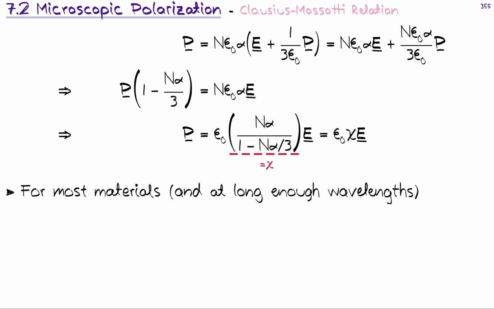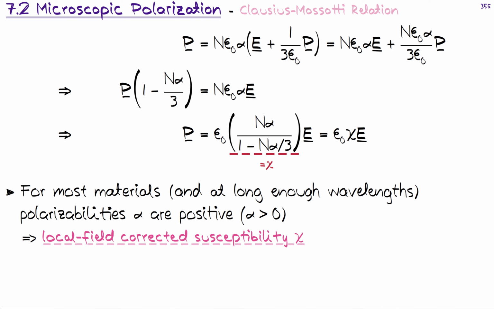For most materials, and especially at long enough wavelengths, these polarizabilities alpha are positive valued quantities, so alpha is larger than 0. What this implies, we can see from the equation.